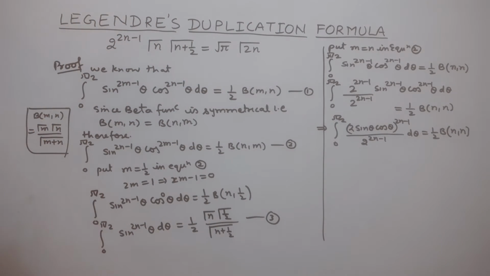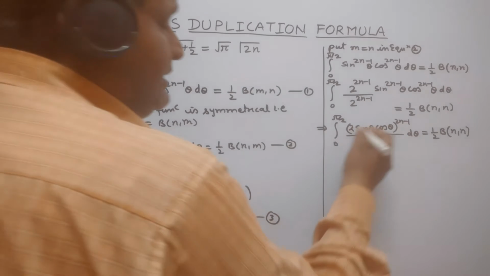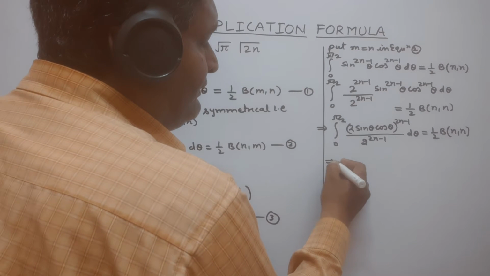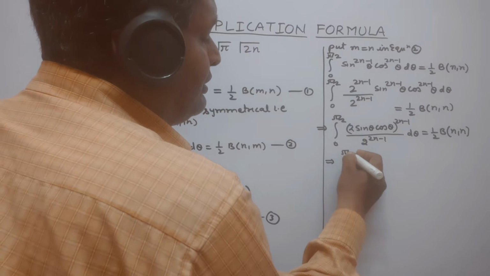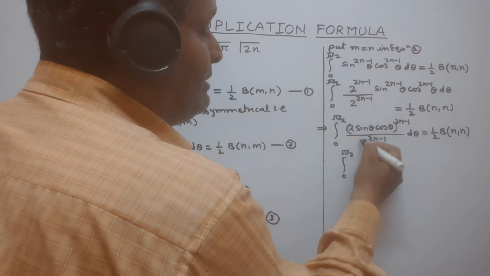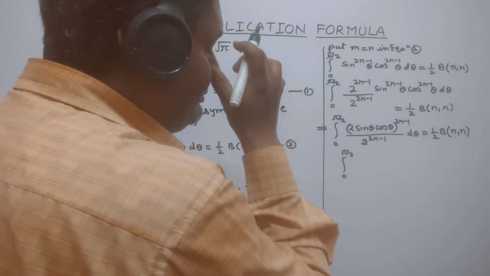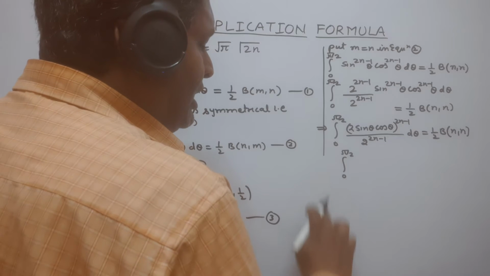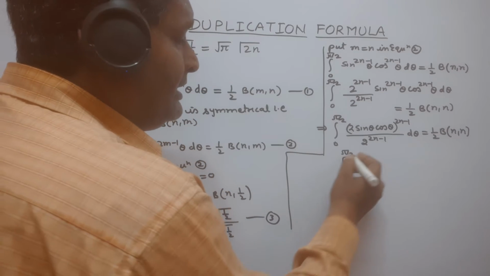Now we know the formula sin 2a is equal to 2 sin a cos a. So here we use this formula in the numerator inside the integral. Here 2 to the power 2n minus 1 is constant with respect to theta, so it will be outside the integral sign.